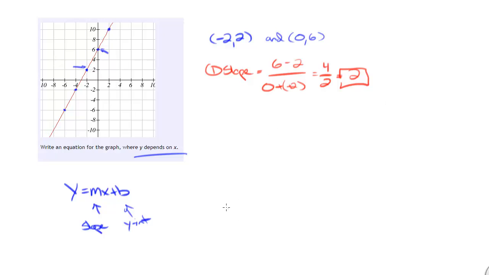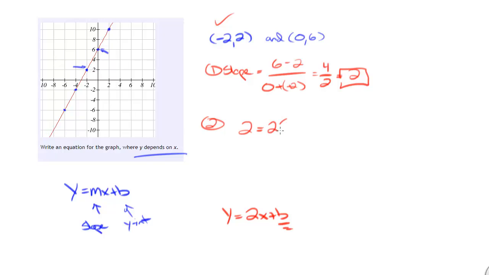So again, when I'm looking at my equation here, I now have y equals 2x plus b. The game now is to find out what this b value is. I can plug in either one of these two points. How about I plug in this point right here? I'm going to plug in a 2 for my y value.